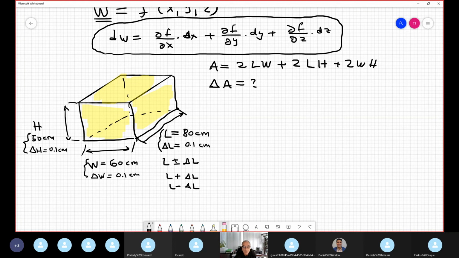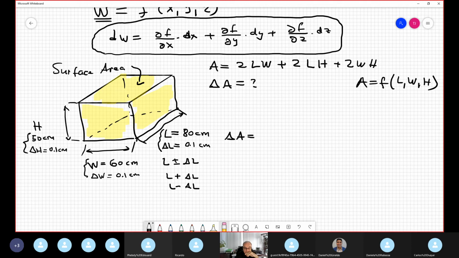Okay, so we have one dependent variable, capital A, which is surface area. The yellow part. This function, capital A, is a function that depends on L, W, H. Three independent variables. Okay, so we're using this.